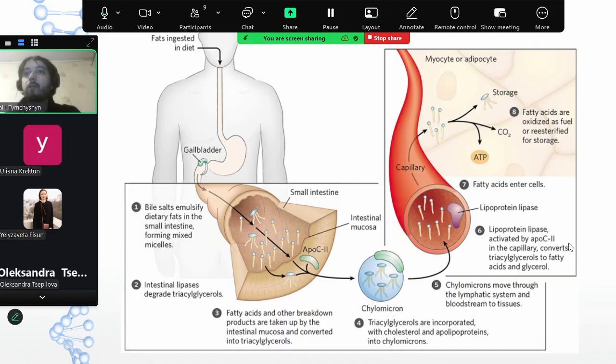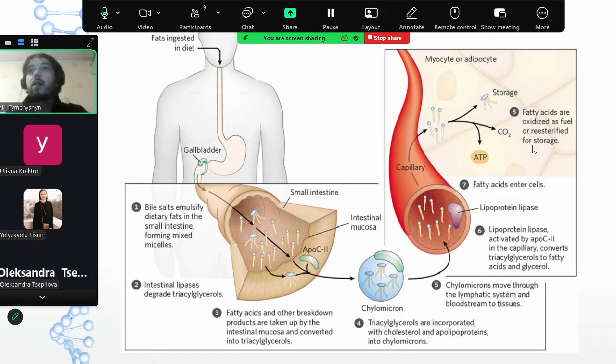Here you see the lipoprotein lipase that is activated by the ApoC2 in the capillary, and that converts once again triacylglycerols to fatty acids and to glycerol. Fatty acids can enter these cells because basically they are hydrophobic, so it's easy for them.